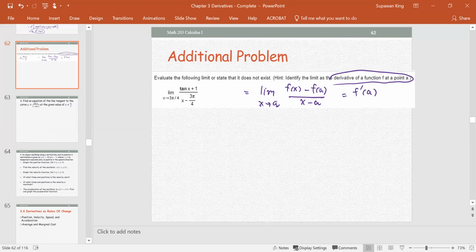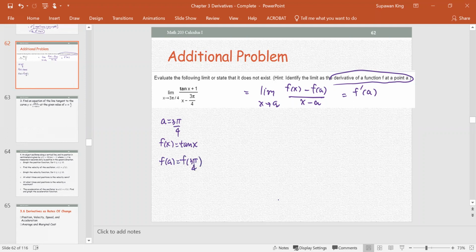Given the limit of tangent x plus 1 divided by x minus 3 pi over 4 as x approaches 3 pi over 4, we see now a is 3 pi over 4. And the function f of x is the tangent of x. Let's check what is the f at a, or the f at 3 pi over 4.